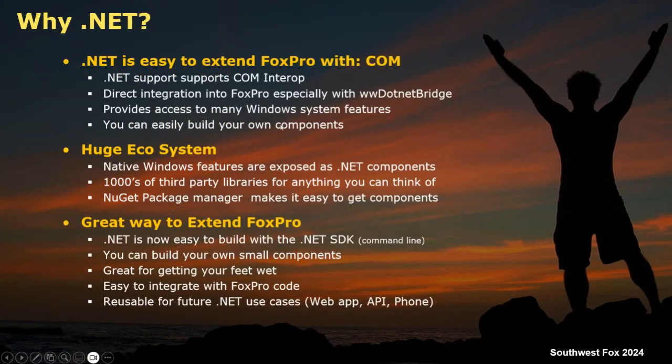Okay, so why .NET? .NET has basically become the interop technology for Windows in general. If you think about Microsoft producing new features in Windows or new APIs like the Copilot APIs or the various AI APIs, all those things nowadays get published as .NET pieces. We as FoxPro developers come from a different era.